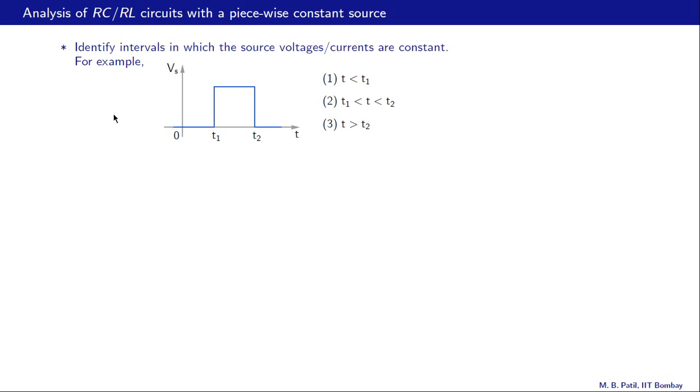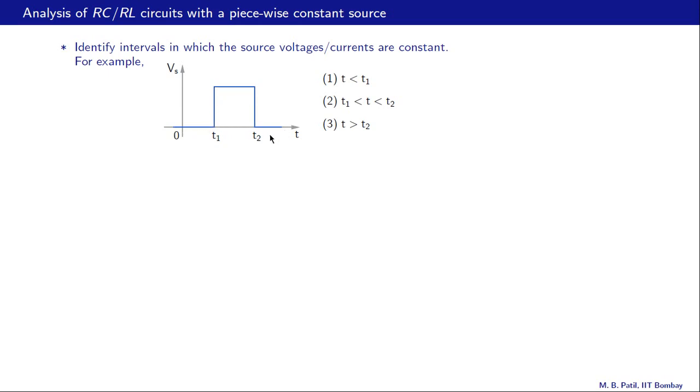So far we have considered RC and RL circuits with a constant source, a voltage source or a current source. Let us now look at RC and RL circuits with a piecewise constant source. Here is an example. There is a voltage source which varies with time, like that.